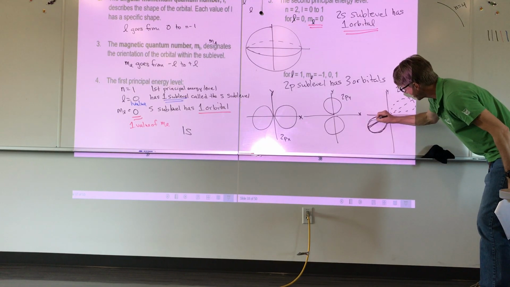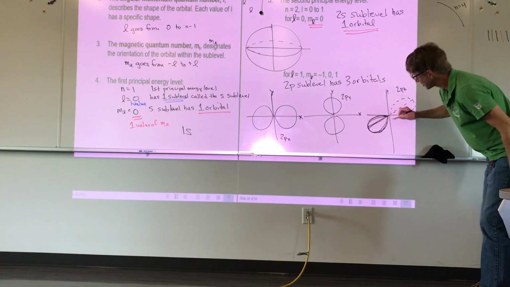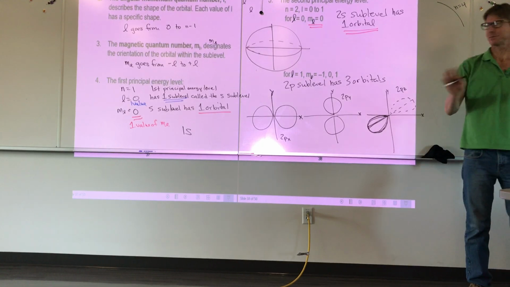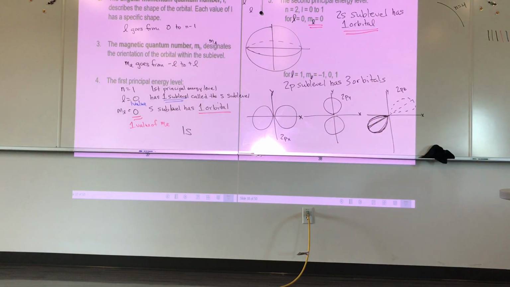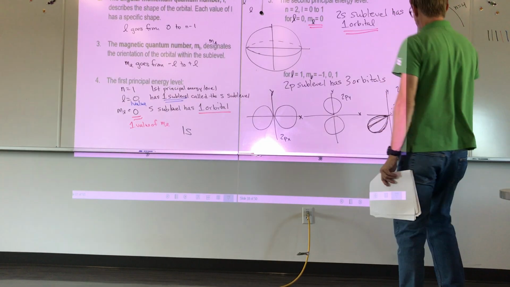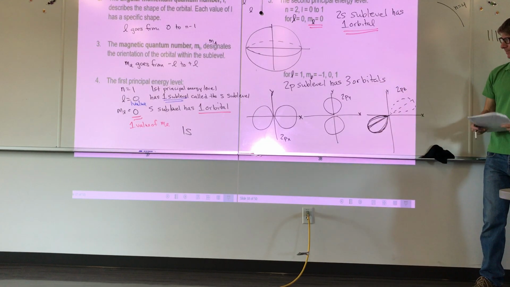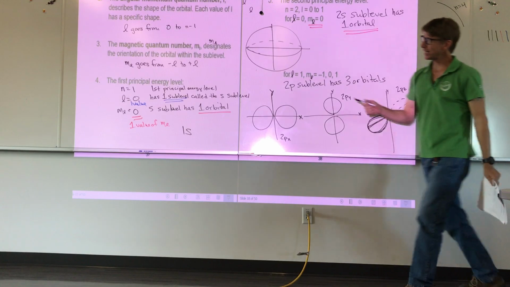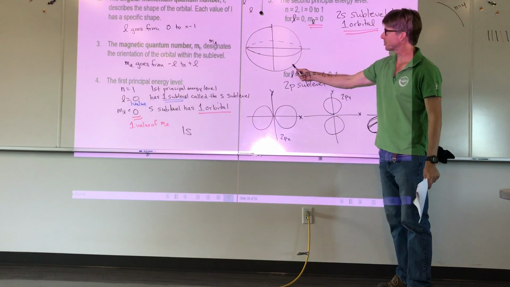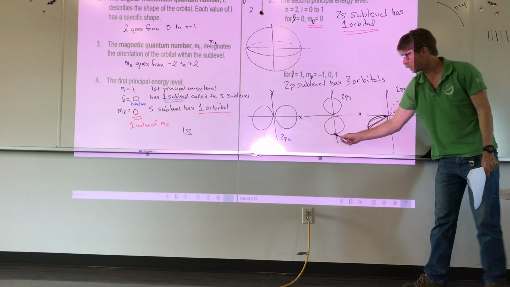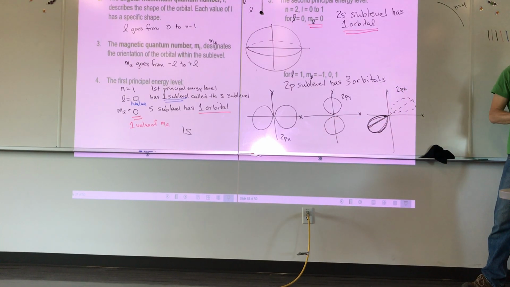I'm drawing this line thicker because as things get closer to you, they get bigger and perhaps louder. And as they get farther away, they get dashed. And so what I mean by the shape is determined by the value of L. L equals 0, those are spheres. L equals 1, those are dumbbell shapes.